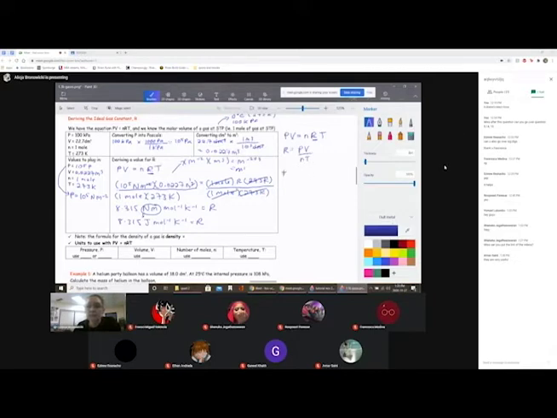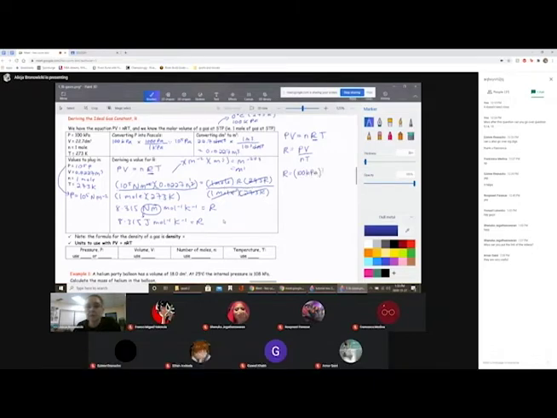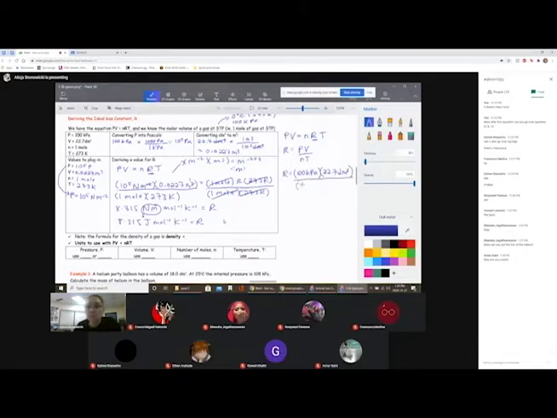So R is equal to, my pressure is 100 kilopascals. My volume is 22.7 liters. My number of moles, I have 1 mole. And then for temperature, I have 273 Kelvin.